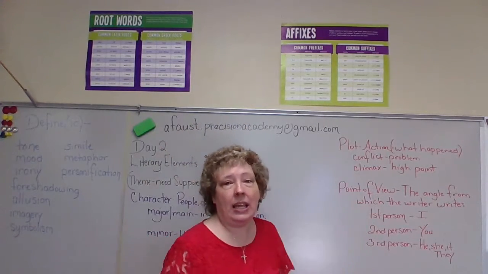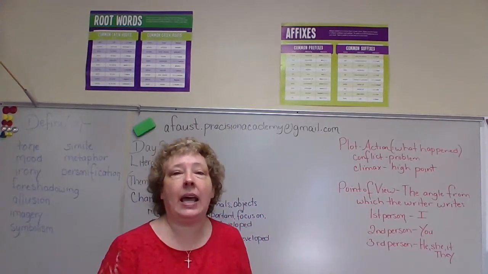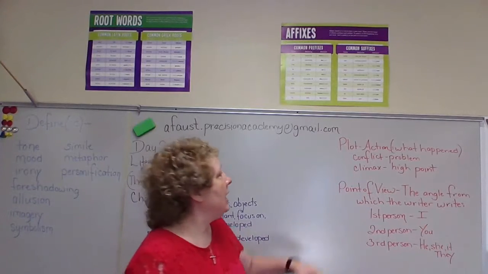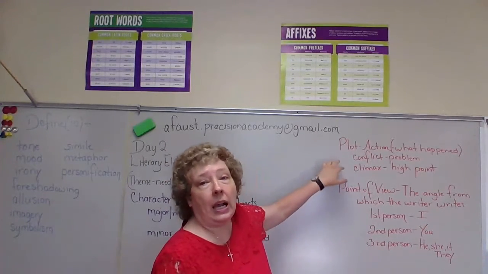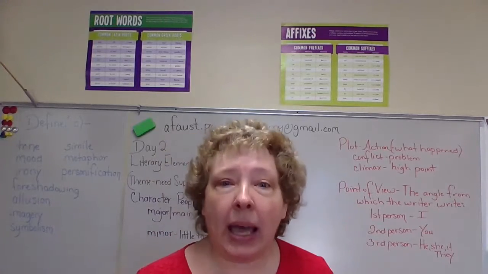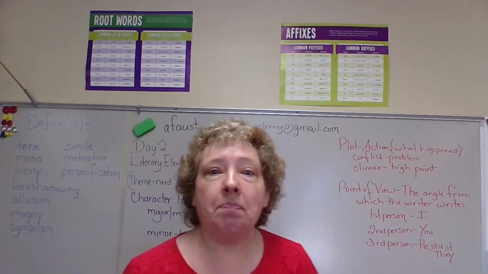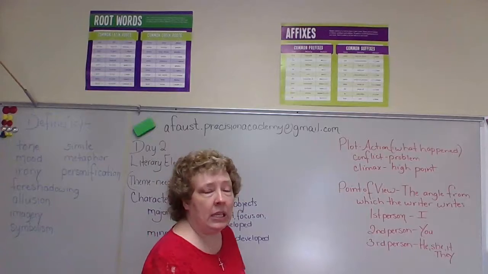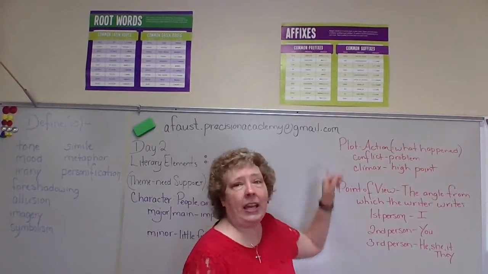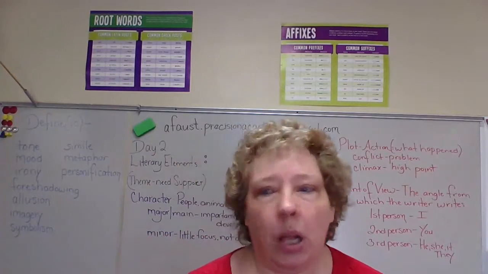It's the action. And there are elements that make up that plot, that action. And the two key ones are conflict and climax. In order to have a story, we need to have a conflict. We need to have a problem.